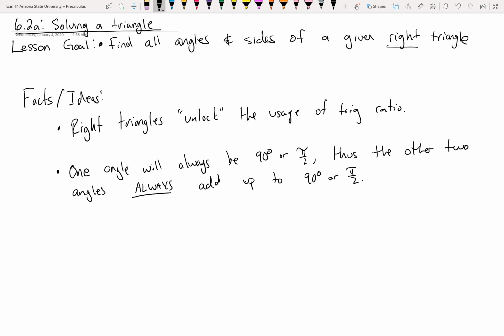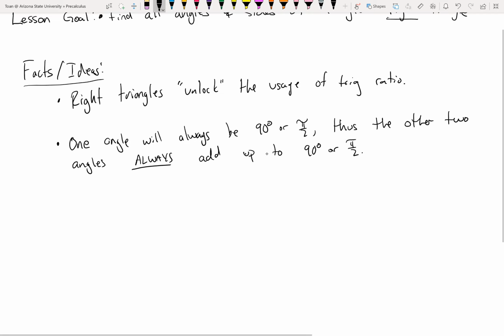This is only true for right triangles. In a generic triangle, I have no idea what any two angles may add up to, but specifically in a right triangle, I know for a fact that the sum of the two non-right angles is always 90 degrees.